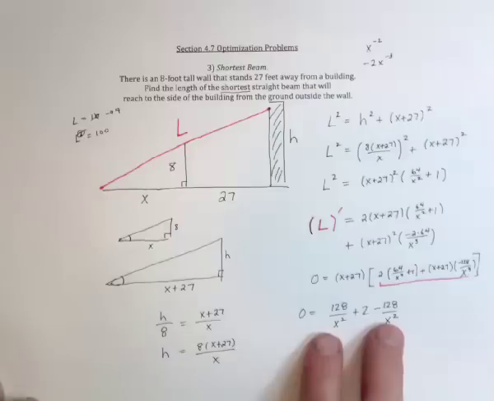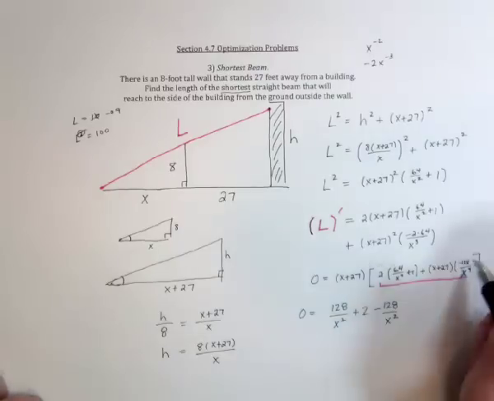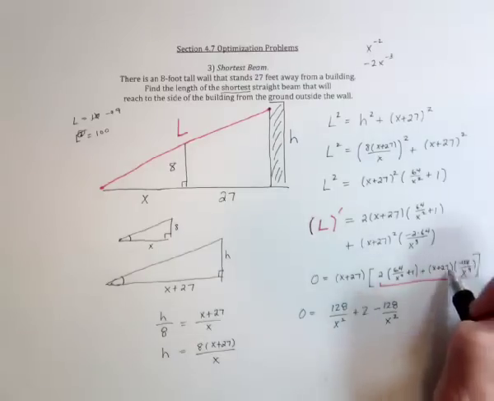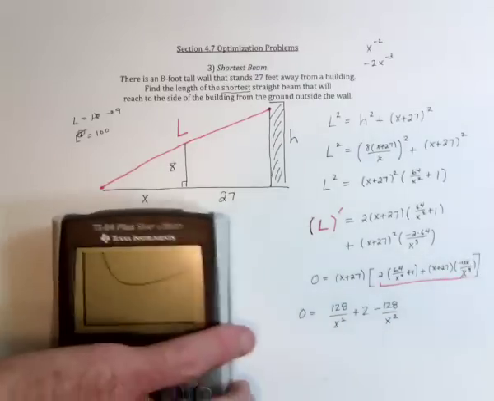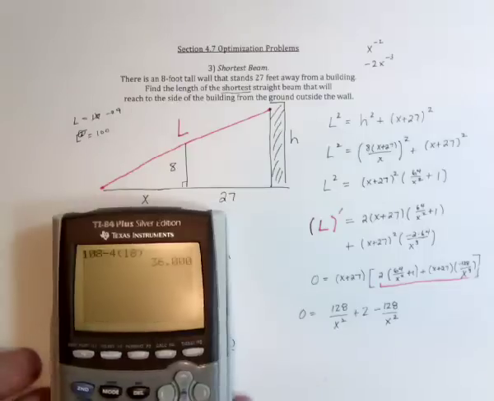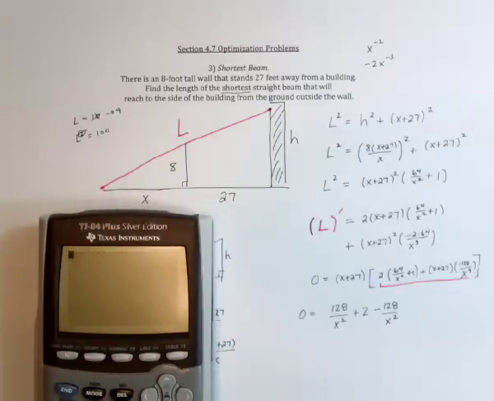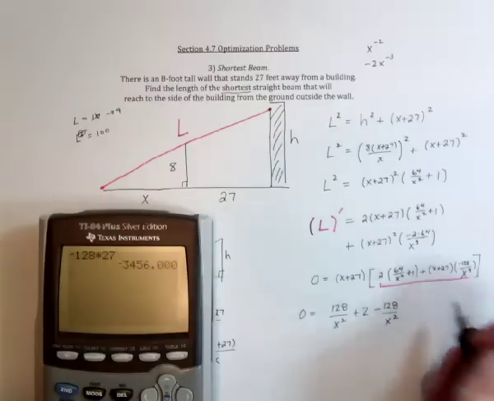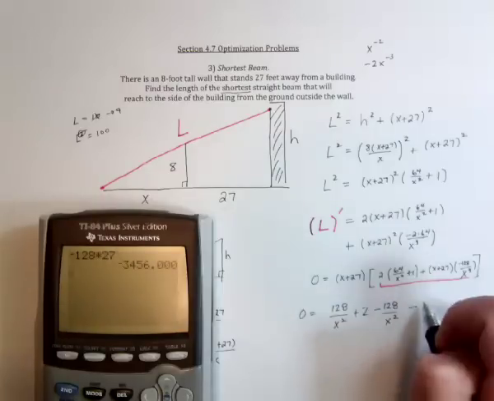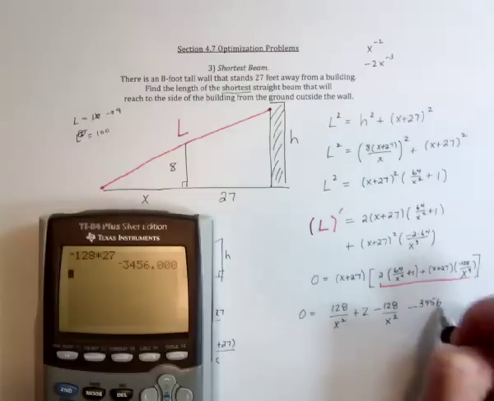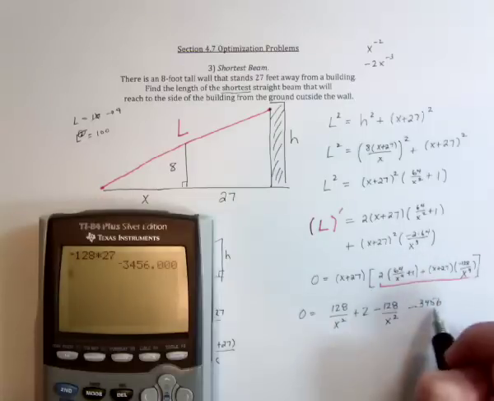That's a strange coincidence. And then a negative 128 times a 27. So negative 128 times a 27, negative 3456. I just thought that's strange also.